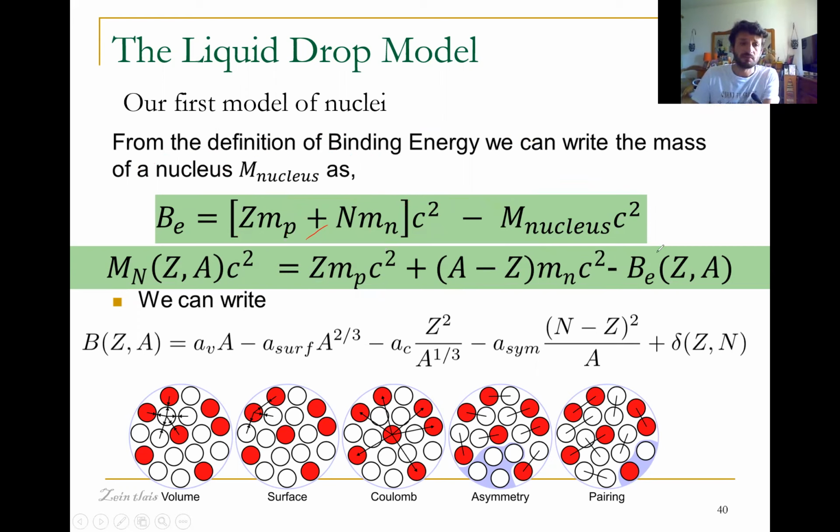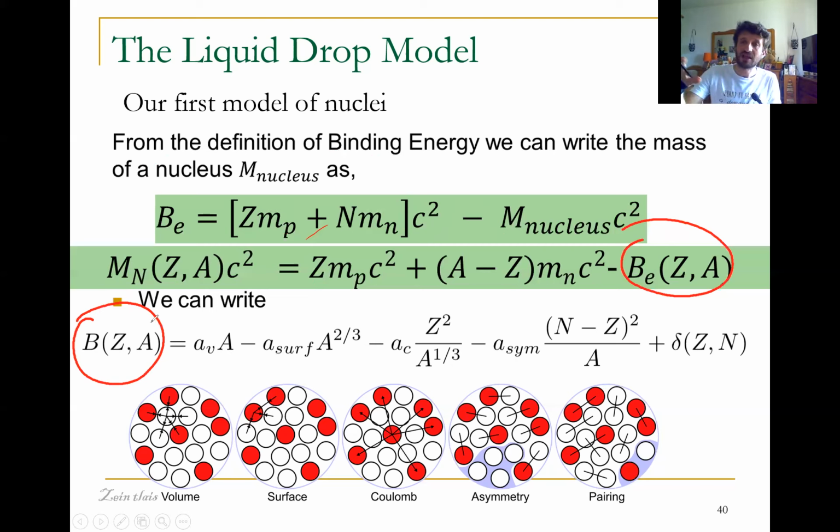By this expression we can find the value of the binding energy. It's easy. But by applying the liquid drop model, we find a new expression of binding energy. This binding energy depends on many factors.